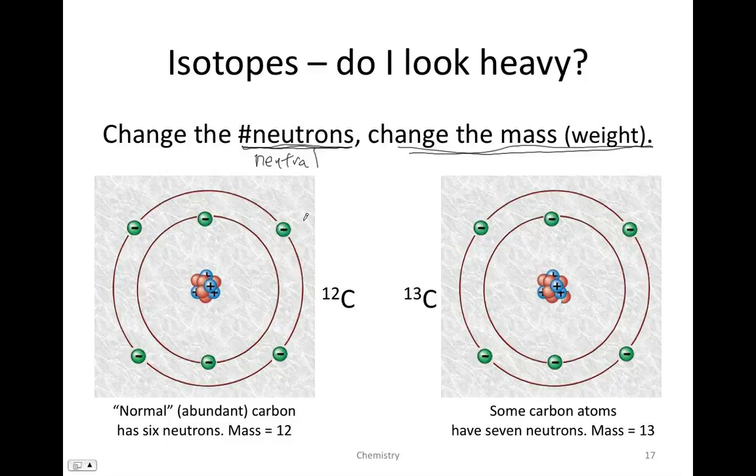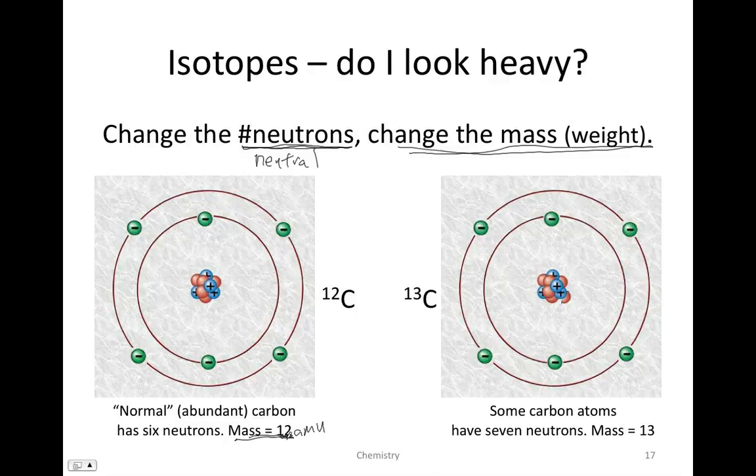For instance, most carbon atoms in the universe look like this. They have 6 protons. Of course they have 6 protons, they're carbon. They have 6 electrons because carbon doesn't like to be an ion, and they have 6 neutrons. When they have 6 neutrons plus 6 protons, that means that they have a mass of 12 atomic mass units.